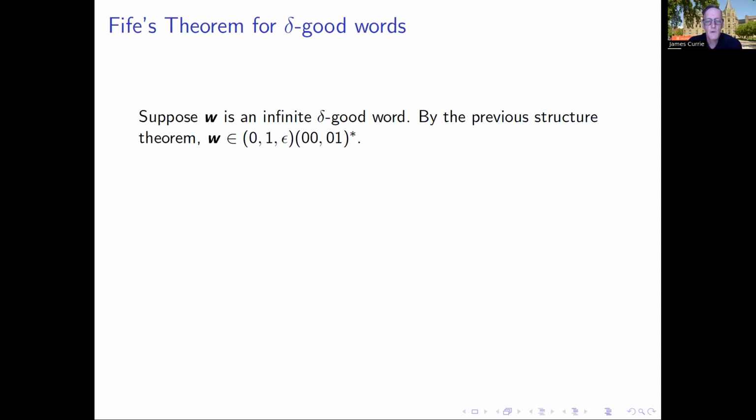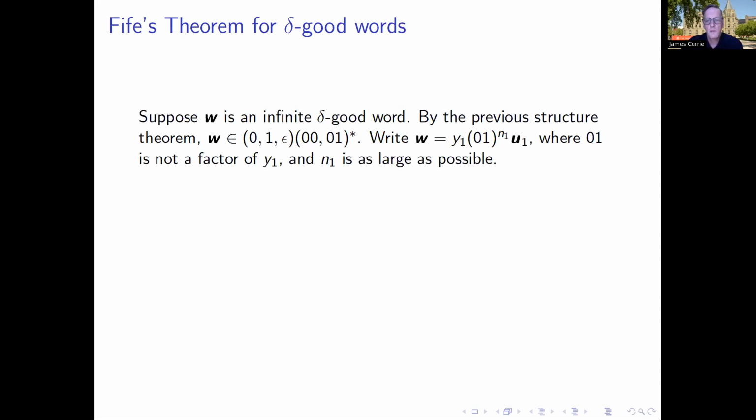So remember that delta maps 0 to 0, 1, and it maps 1 to 0, 0. So W belongs to this language. I'm lying. That shouldn't be a star. It should be an omega. My apologies.